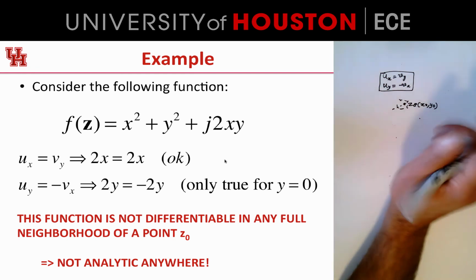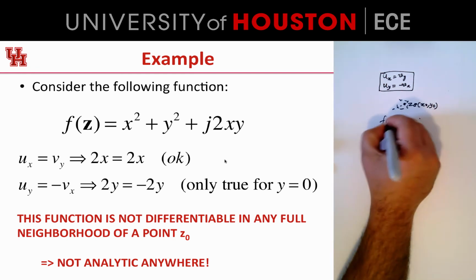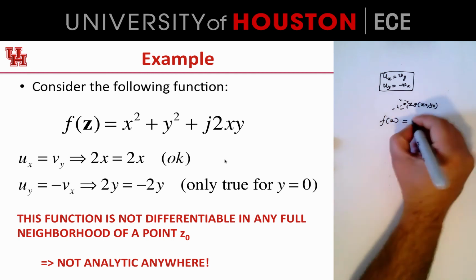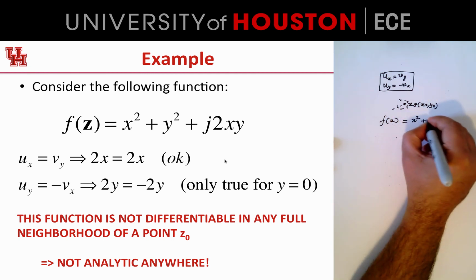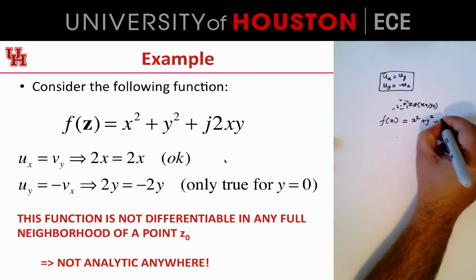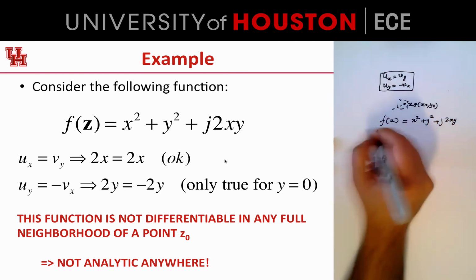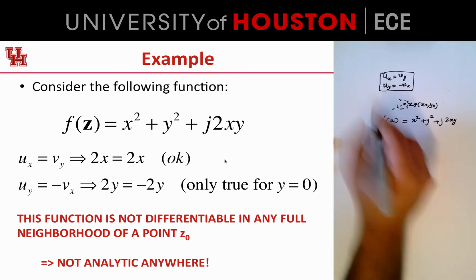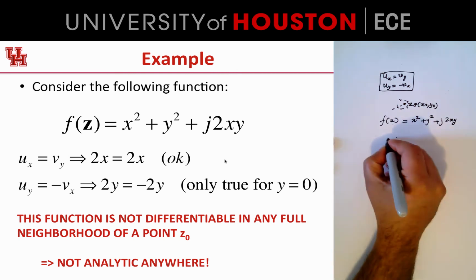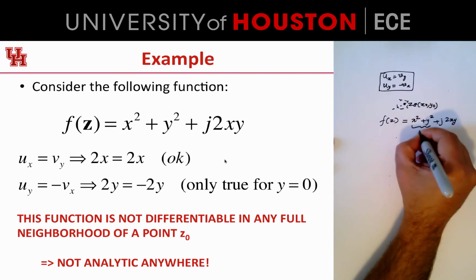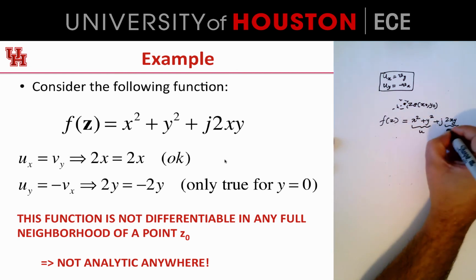Okay, let's look at an example, right? So if f of z is, say, x squared plus y squared plus j 2xy, let's look at the Cauchy-Riemann conditions. We got these here. So this is u, and this is v.